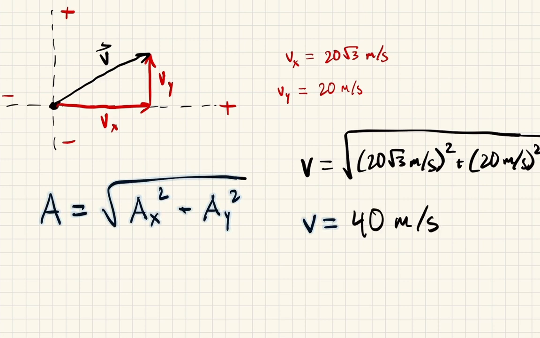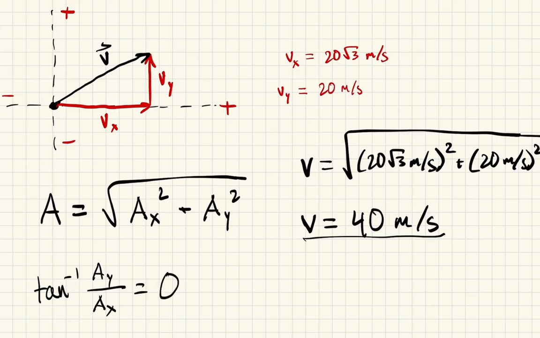And we actually know this to be true based on what we did earlier. And so this is great. Now, in order to make this a vector, of course, we need to find the direction, okay? And earlier we said that the inverse tangent of the y component divided by the x component would give us the angle.